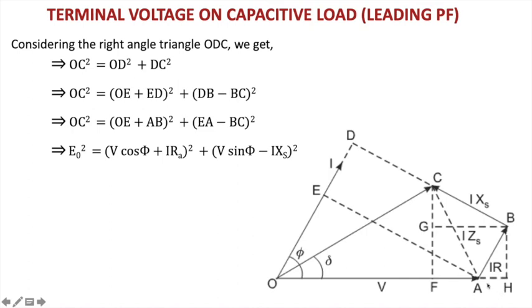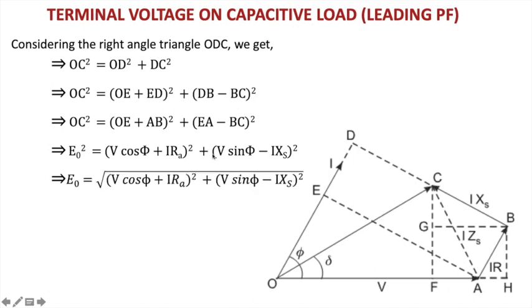V is this part and this part is the IRA drop, so this is the cosine component that will be added to it. And in the quadrature component you have V sin phi, plus the XS component, which in quadrature will be IXS. When you square it and take the under root, you will get the value of E0.